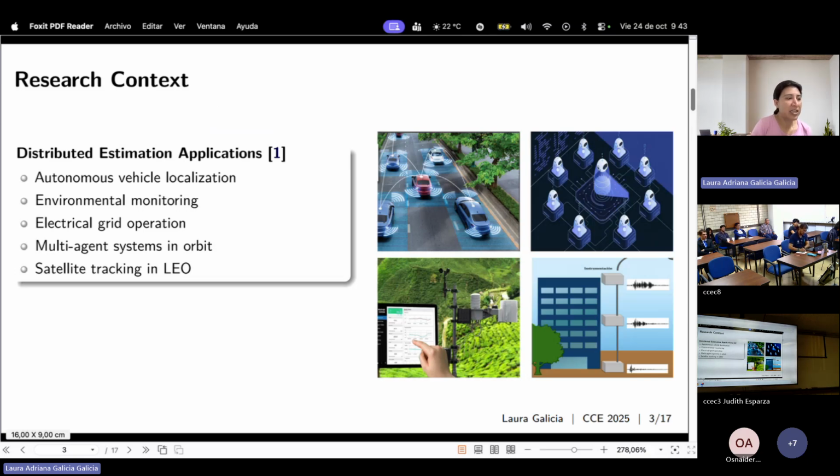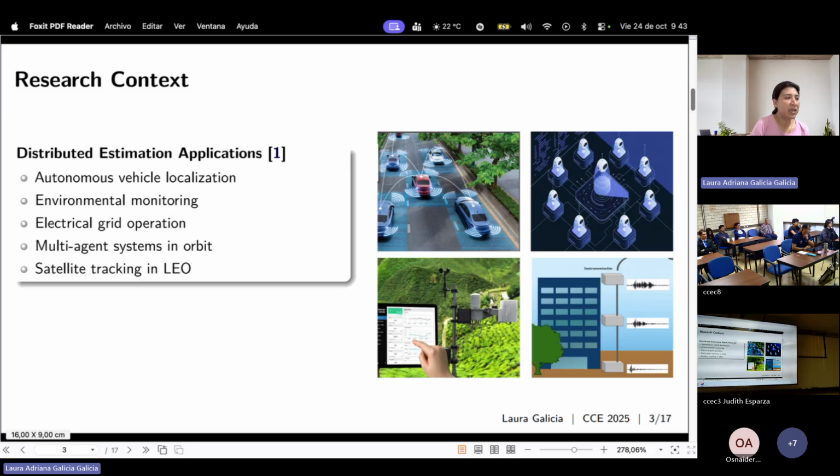These applications share common challenges: the need for scalability, fault tolerance, and efficient use of resources. The same challenges arise in space systems, which leads us to our specific research focus.